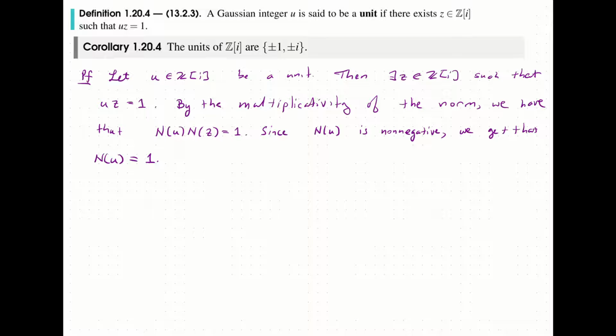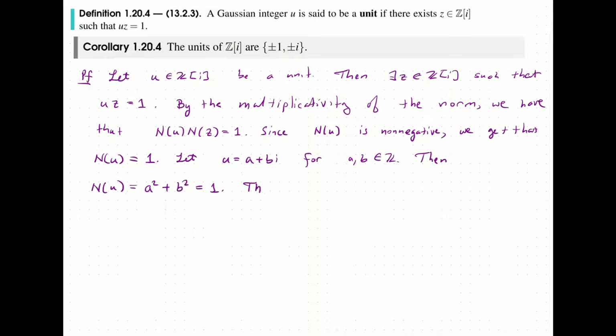Now we're going to use the fact that this is a Gaussian integer. So let u equal a plus bi for a and b integers. Then the norm of u is equal to, by definition of norm, a squared plus b squared, which is equal to 1.